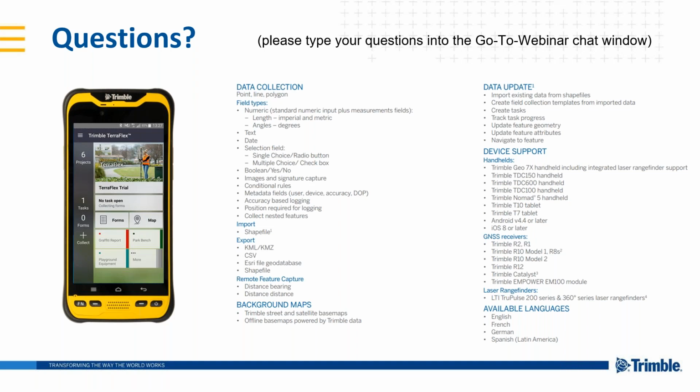Awesome. I'm just trying to scroll through the last bit that are coming in here. Here's a great question from Nick about whether there is likely to be auto fields or metadata fields that display the XYZ or the lat, long, and altitude in the form.